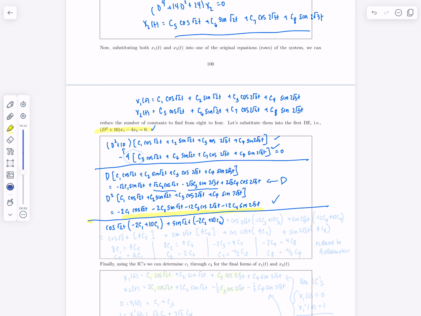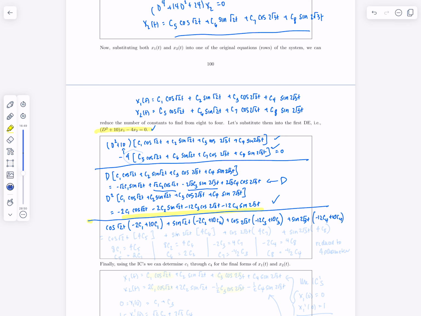And then we'll have plus cosine 2 on the square root of 3t times the quantity minus 12c3 plus 10c3 plus sine 2 on the square root of 3t times minus 12c4 plus 10c4, right?